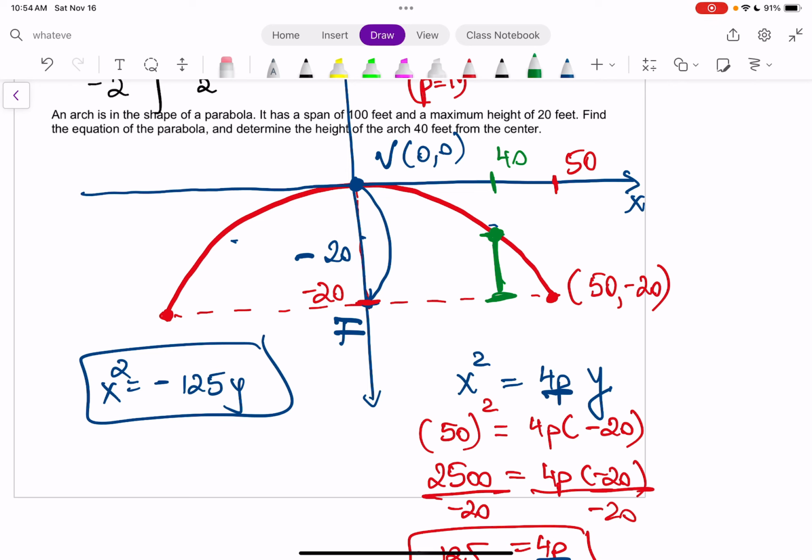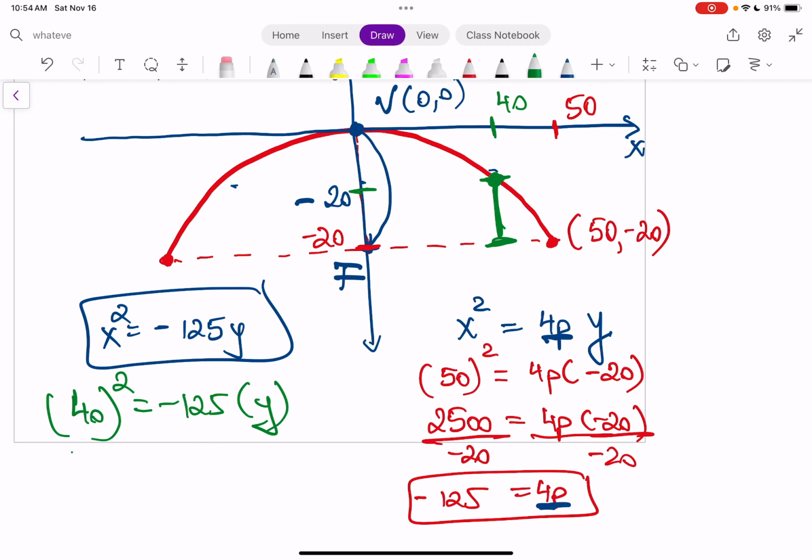So be very careful. I could figure out what the y coordinate 40 feet from the center is going to be. So if x is 40, what is the y value that I get to it? So that's 1600.